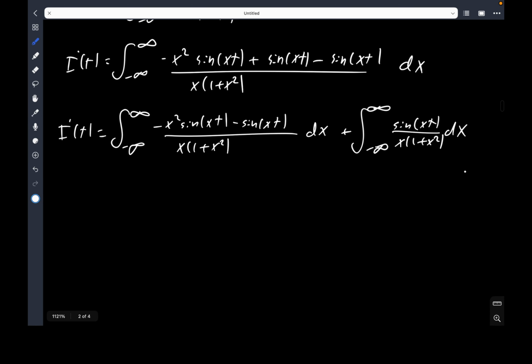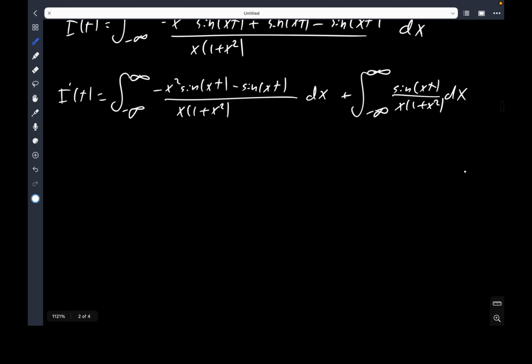Now, I can factor out the negative, and then factor out the sine xt, sine xt times x squared plus 1 over x times 1 plus x squared dx.